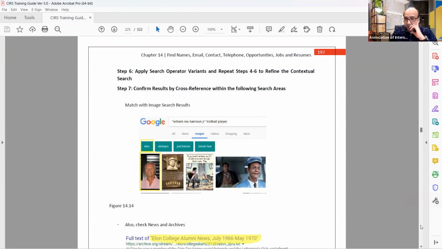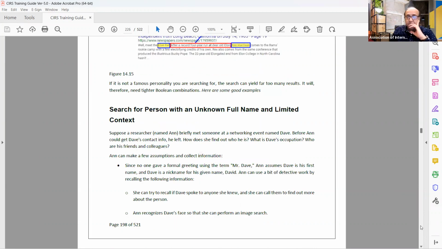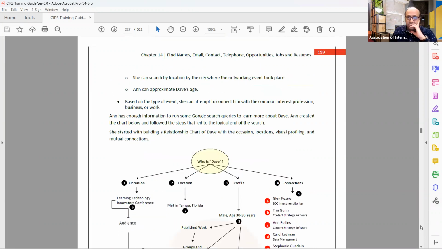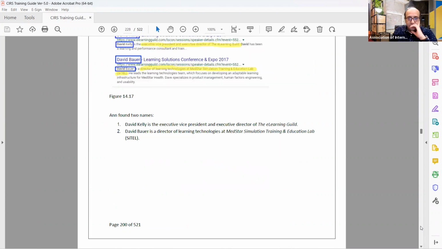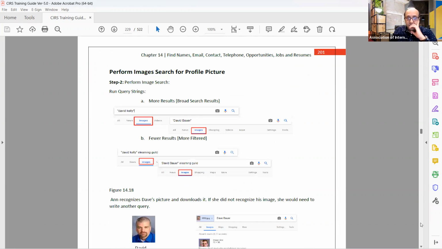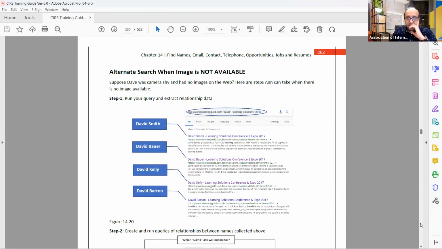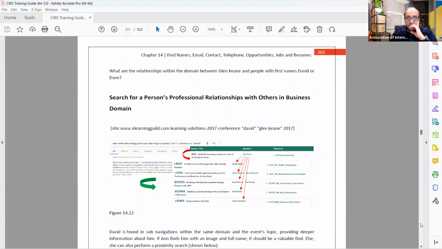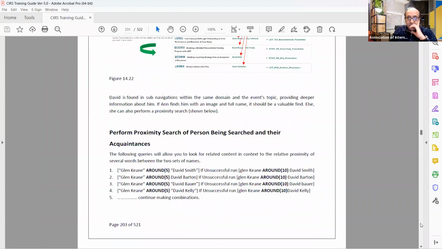And then when we talk about around, there is an example on page 200 in which we have used the around operator quite effectively and for a reason.